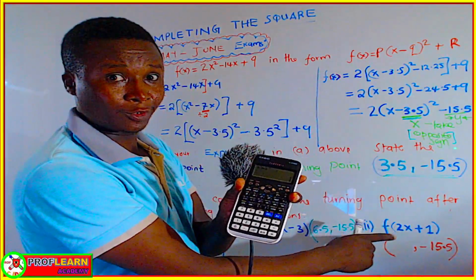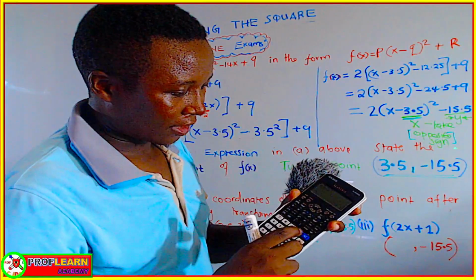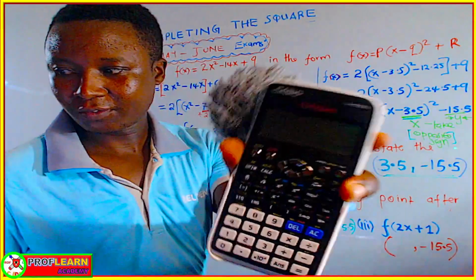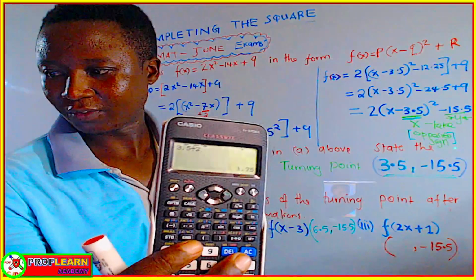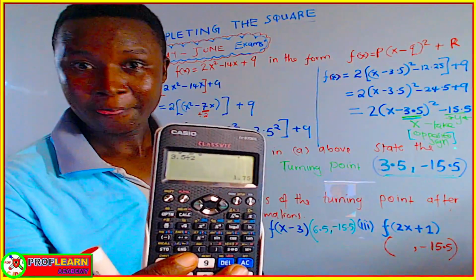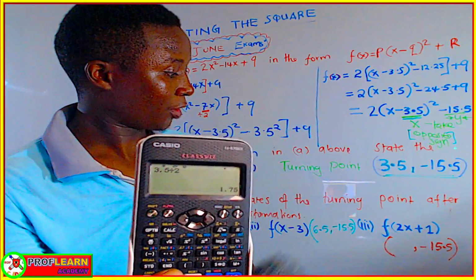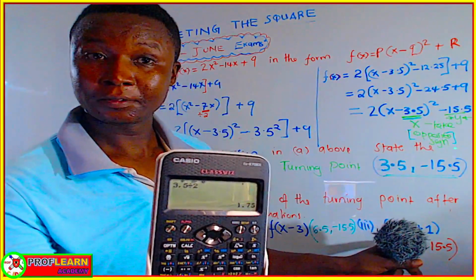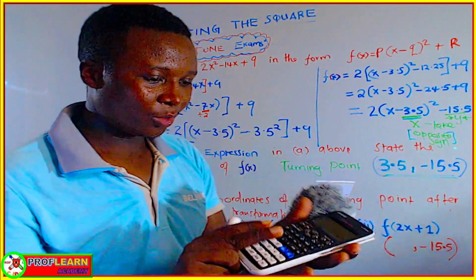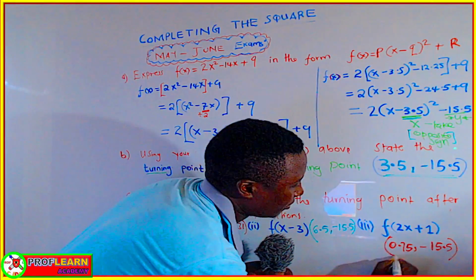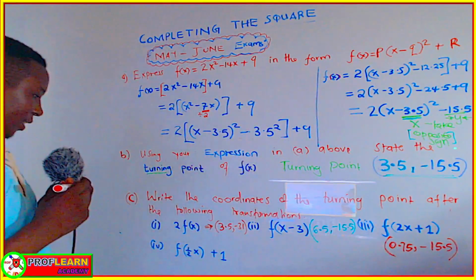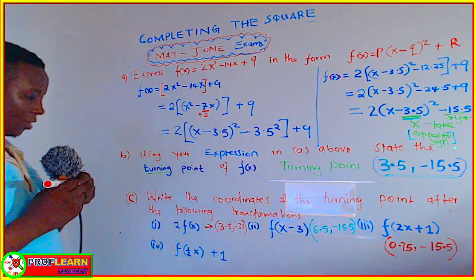Then we shall get our answer as 1.75. Then from here, because the transformation is telling us add, we do the opposite, and we are going to subtract 1. So our answer becomes 0.75. So the coordinate here is 0.75.